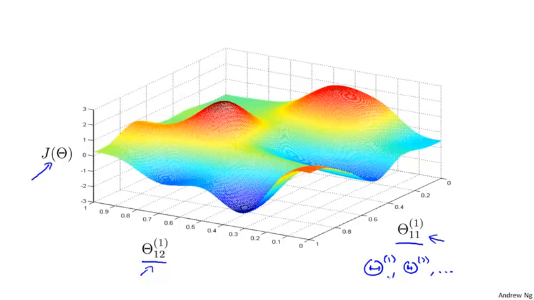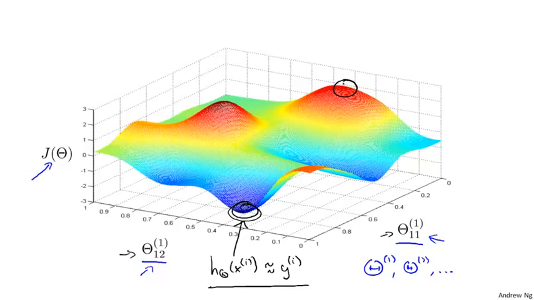Now, this cost function J of theta measures how well the neural network fits the training data. So if you take a point like this one, down here, that's a point where J of theta is pretty low, and so this corresponds to a setting of the parameters theta where, for most of the training examples, the output of my hypothesis is maybe pretty close to y_i, and if this is true, then that's what causes my cost function to be pretty low.